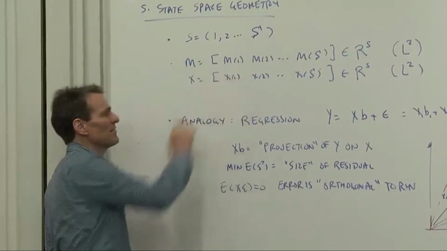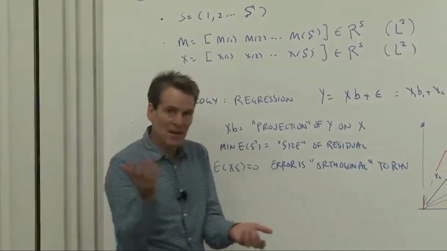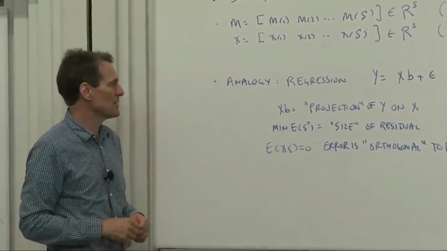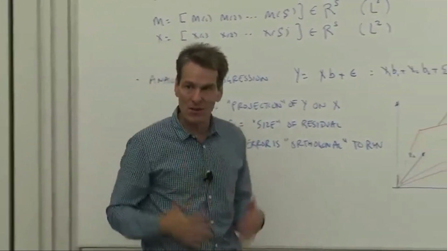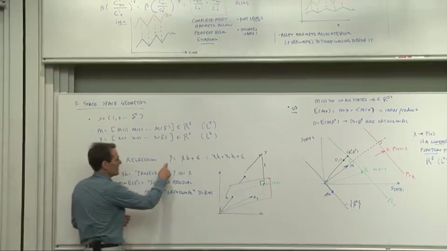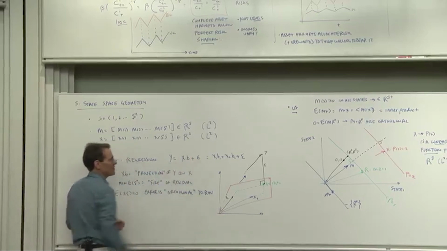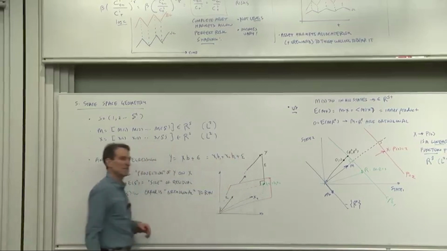Now, when we think of random variables as vectors in this way, it's very useful to think about spatial relationships between them. And I want to give you an analogy that, if you're familiar with it, will make this all go down much easier. Think about a regression. In a regression, we run a regression of y on x with an error term. And in particular, think of two different x's, x1 and x2, with an error term.